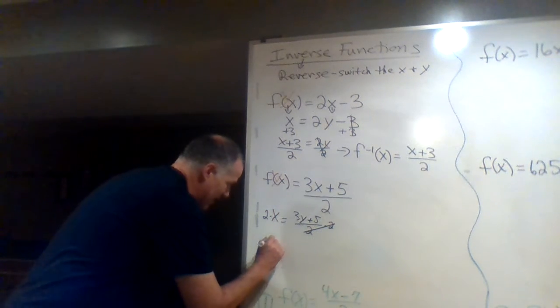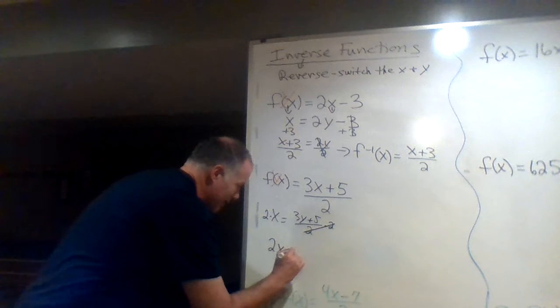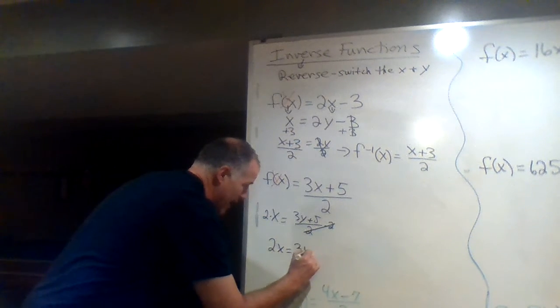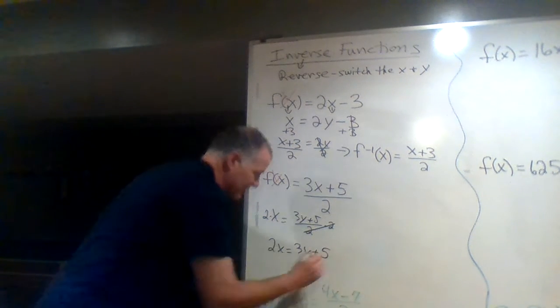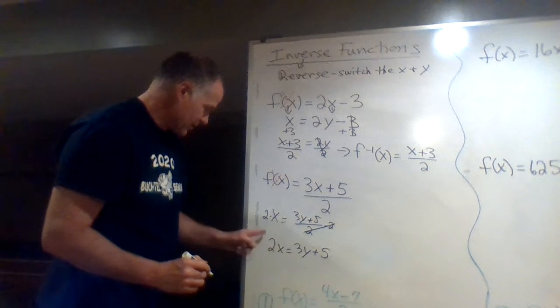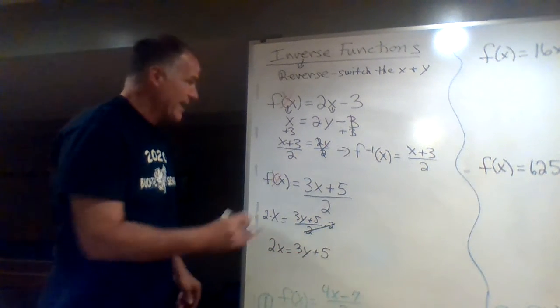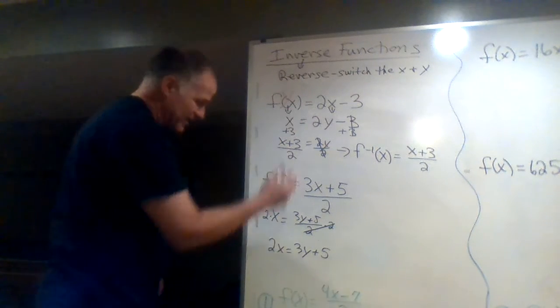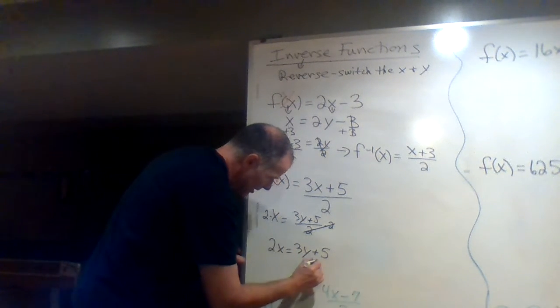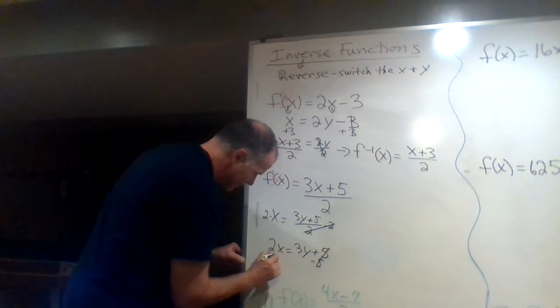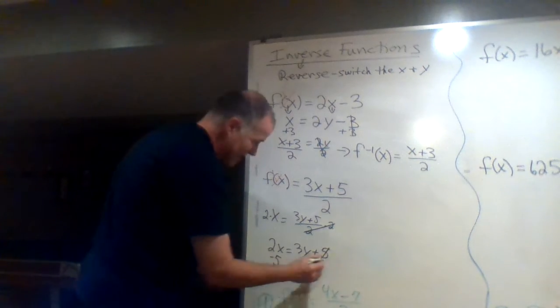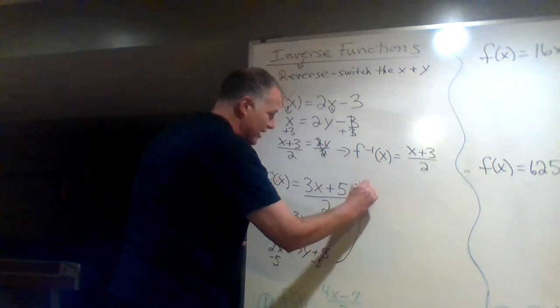Now I have 2x equals 3y plus 5. So again, the 2 is gone on the bottom. 2 times x makes 2x. Now I'm going to solve this for y. Now I'm similar to the one at the top. I'm going to get rid of the plus 5, so minus 5. I'm going to move up where I have a little more room.